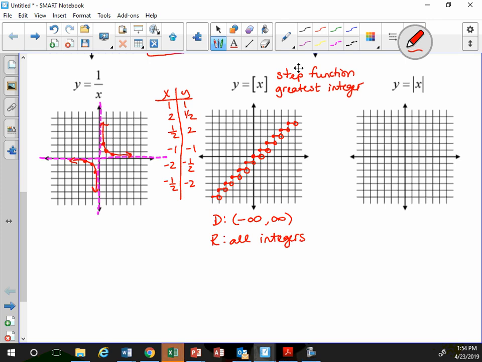Or if you want to do proper notation, you would be saying y such that y is an element of the integers, which is like that weird Z. Kind of like Zorro's coming.